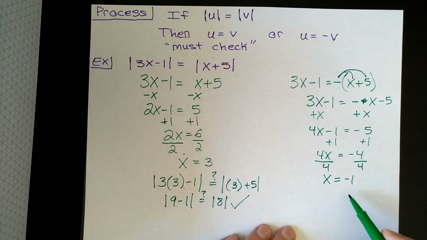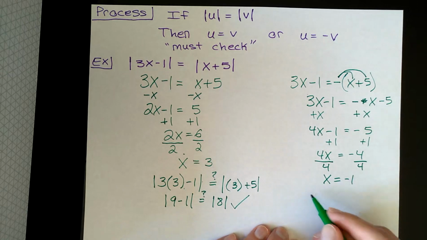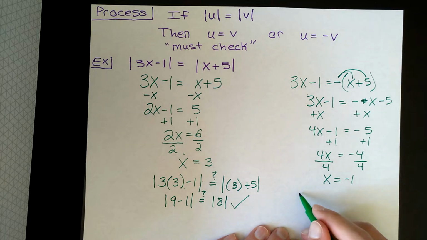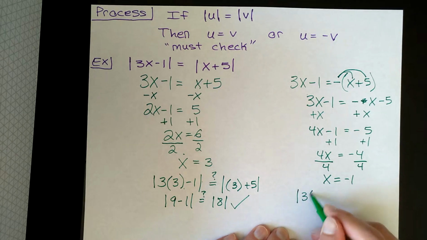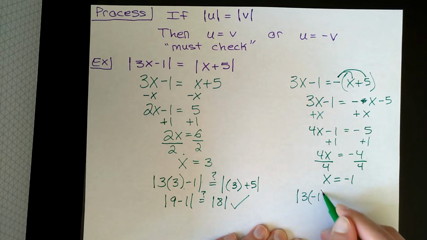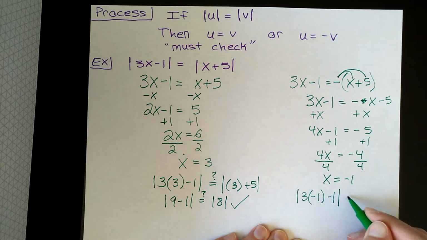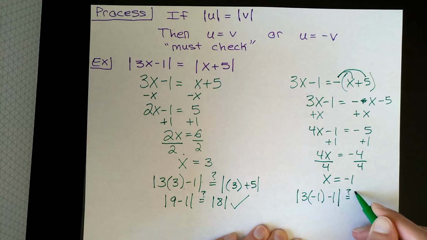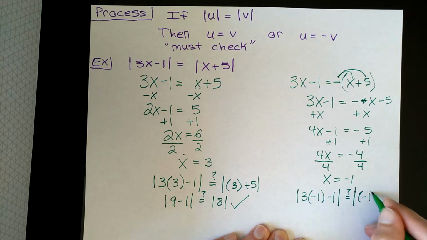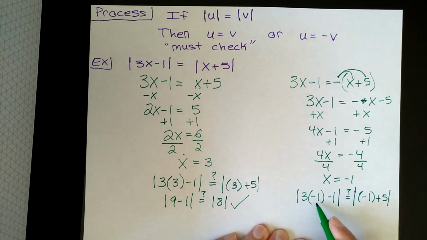And now from here, we check x equals negative 1. So we have the absolute value of 3 times x is negative 1 minus 1. And we want to check if that's equal to the absolute value of x plus 5. So negative 1 plus 5. 3 times negative 1 gives us negative 3 minus 1.